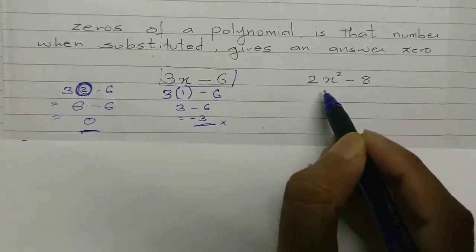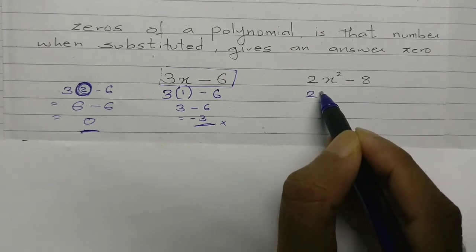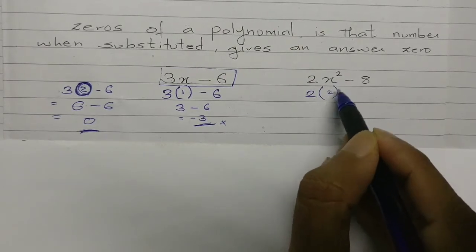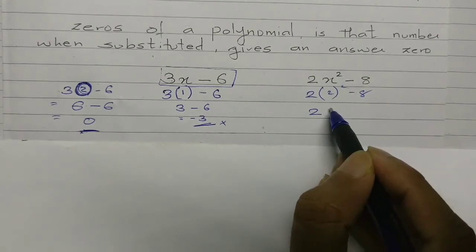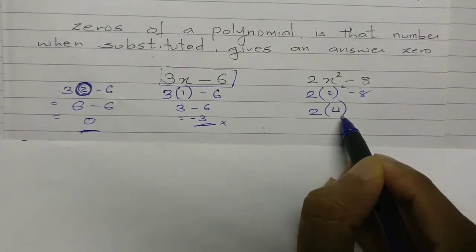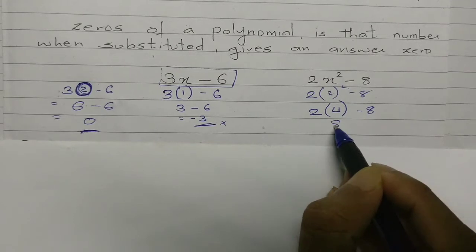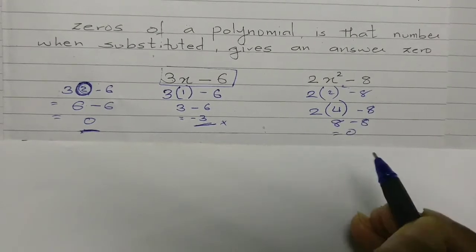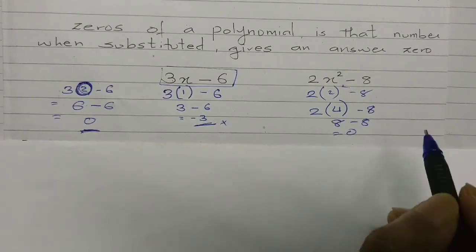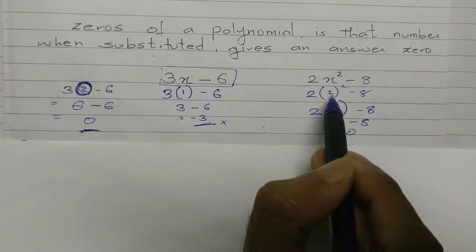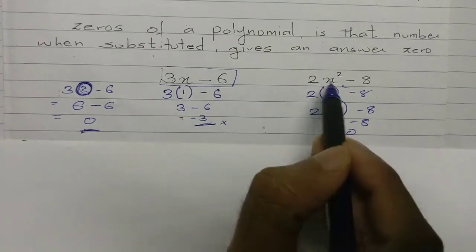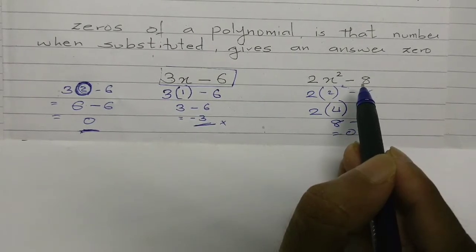So let us take an example over here. Let me try putting 2: 2 square will become 4, minus 8... so 8 minus 8 is equal to 0, which means this 2 which I had substituted is the 0 of this polynomial.